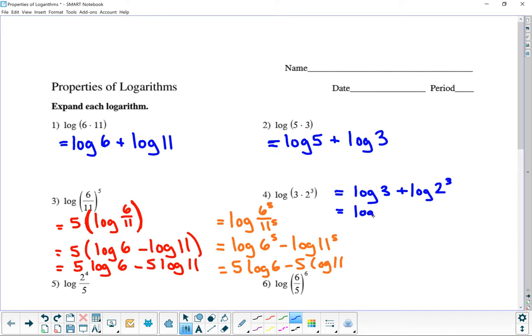So this is going to be log base 10 of 3 plus, and this exponent is going to come to the front because that's what the exponent rule allows you to do. So this will end up being 3 times log 2. Okay.